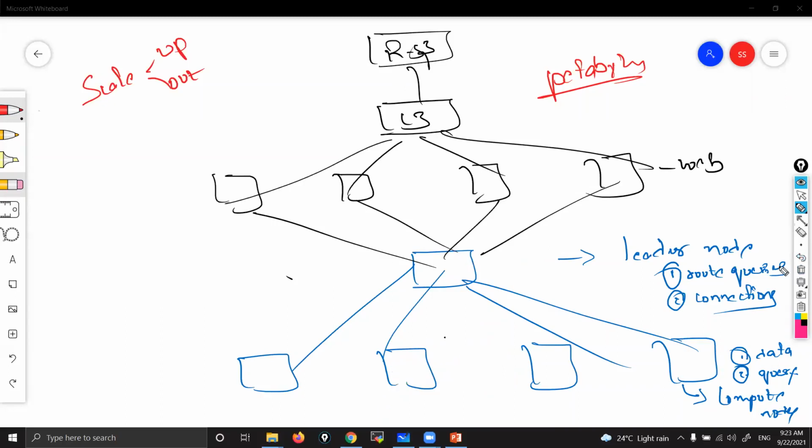You might be thinking, what if I lose my leader node itself? No, guys, you will never lose your leader node, because Elastic Load Balancer, NAT Gateway, leader node, these you will never lose because these are fully managed by AWS. AWS is giving high assurance that you will never lose your leader node. So you need not worry.